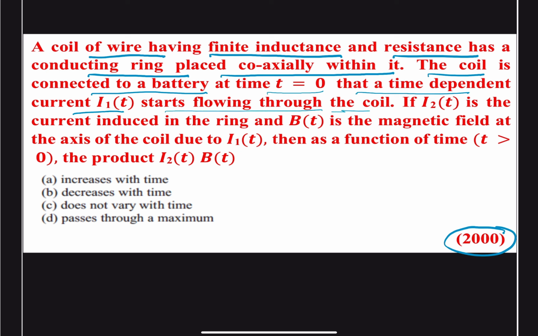If I2 is the current induced in the ring, B of t is the magnetic field at the axis of the coil due to I1 of t, then as a function of time t greater than 0, the product of I2 and B of t will be. So here we have to find out what will be the nature of this product I2 and B of t.